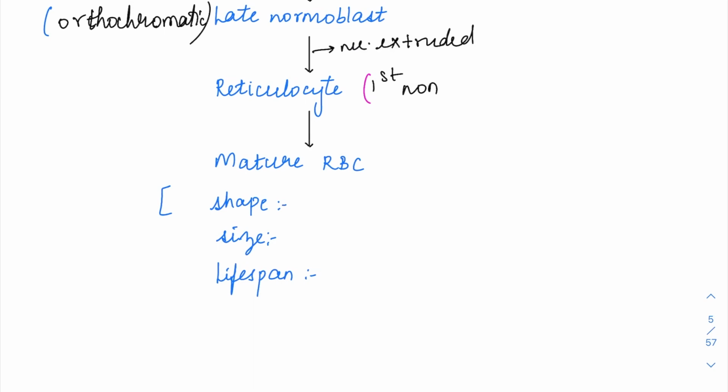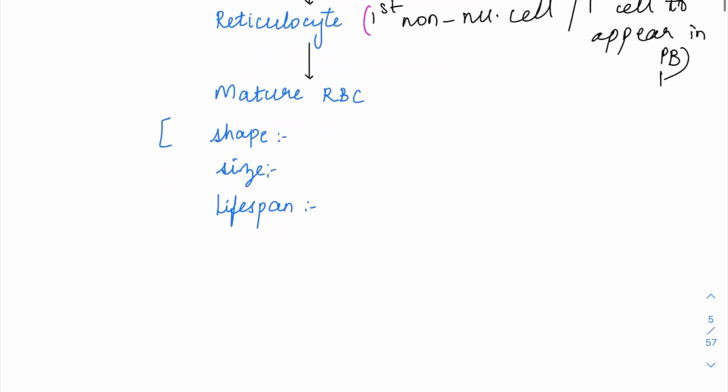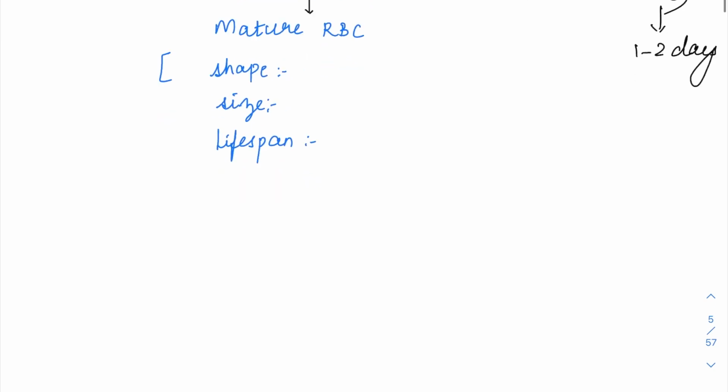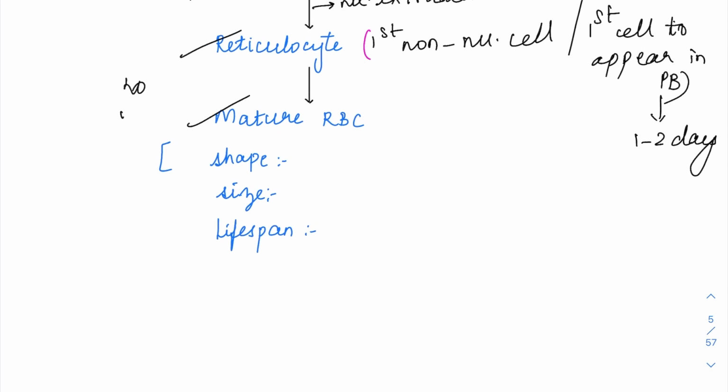So reticulocyte is the first non-nucleated cell in the erythroid series, and also it is the first cell to appear in peripheral blood. Okay. So in the peripheral blood, this reticulocyte is going to stay for 1 to 2 days for maturation, and after that it is going to form the mature RBCs, right? So what is the shape of the mature RBC? Both this reticulocyte and mature RBC are going to have no nucleus, right?